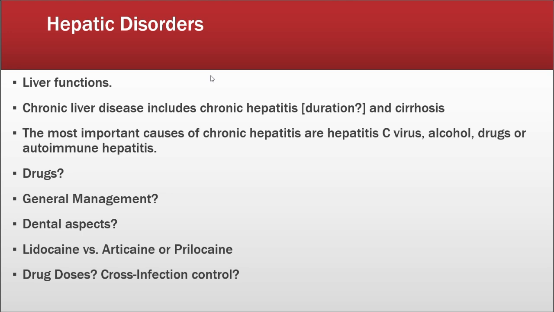The safest to use in patients with liver disease. And we need to reduce the doses of the medications that we give. For example, if I'm going to prescribe amoxicillin with clavulanic acid, if I prescribe 625 milligrams 3 times daily, I need to reduce that to 2 times daily because the liver is not functioning properly. And we need to be careful with cross-infection control because these patients can be carriers for hepatitis, HIV, all of the rest.